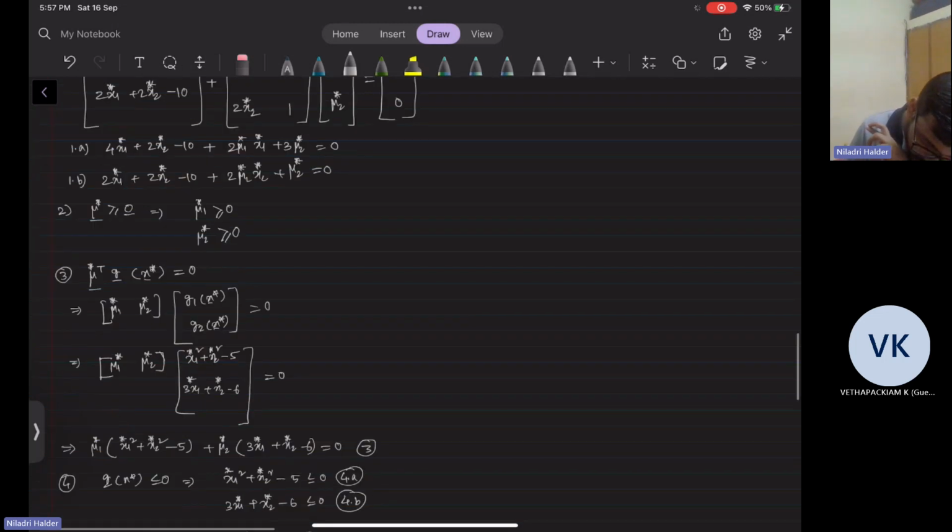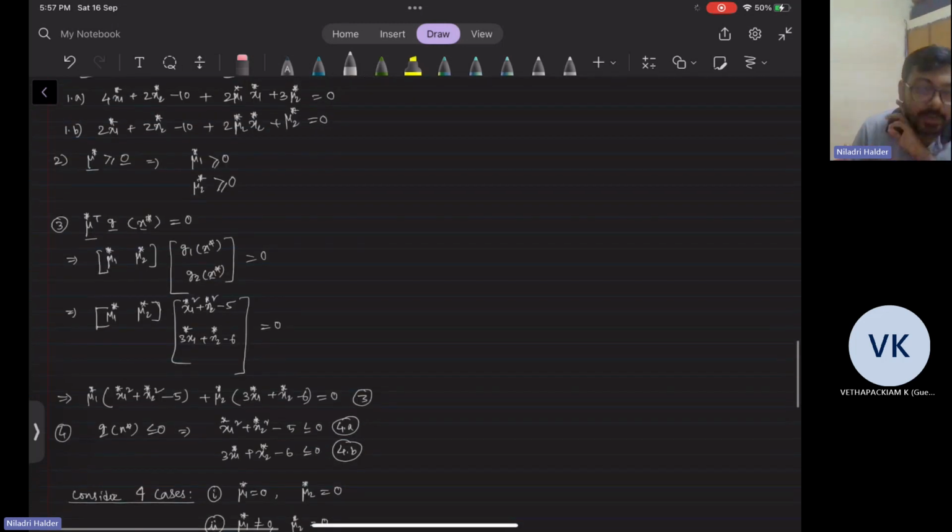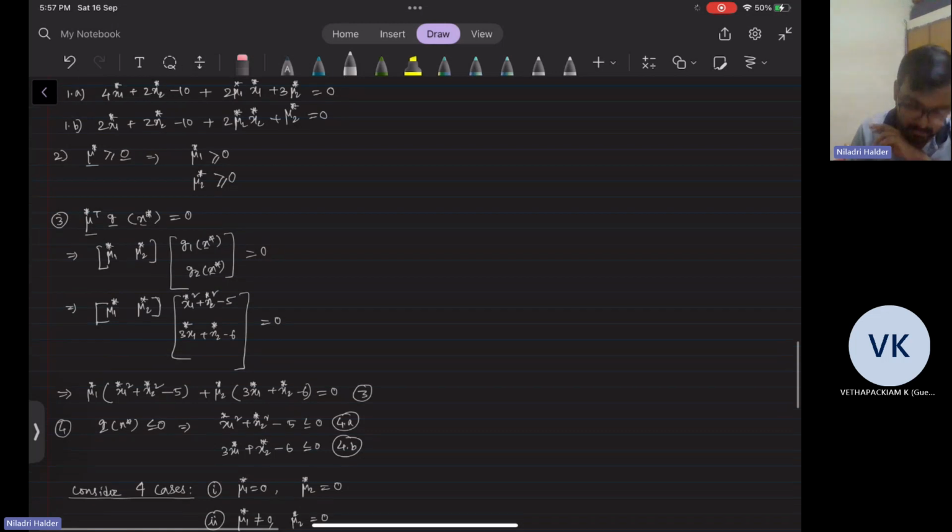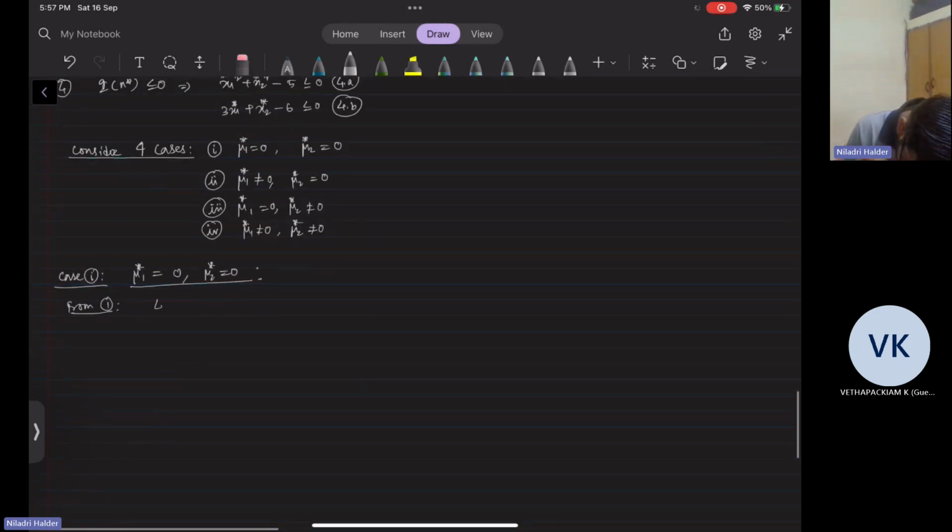Then 4x1 star plus 2x2 star minus 10 equals 0, and 2x1 star plus 2x2 star minus 10 equals 0.